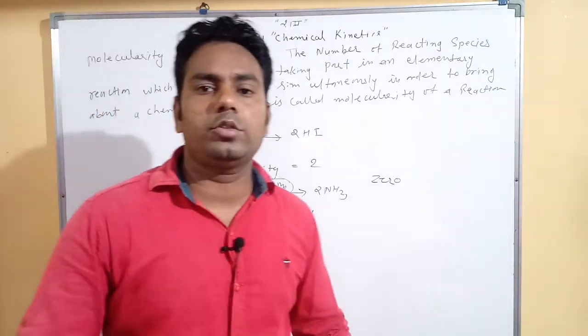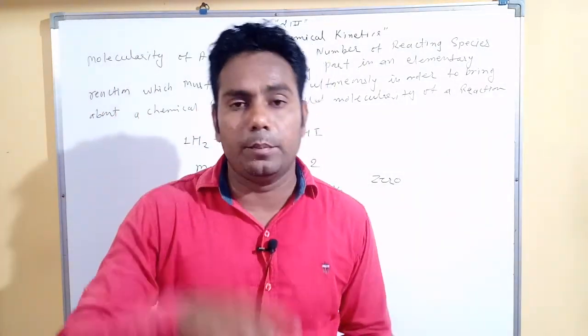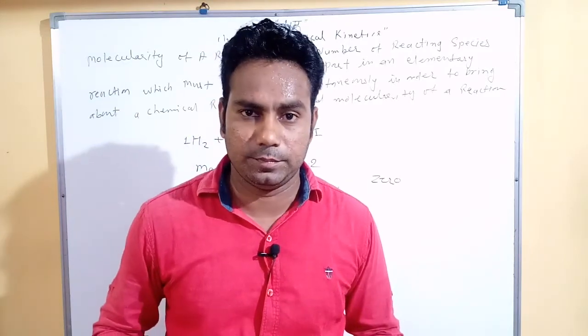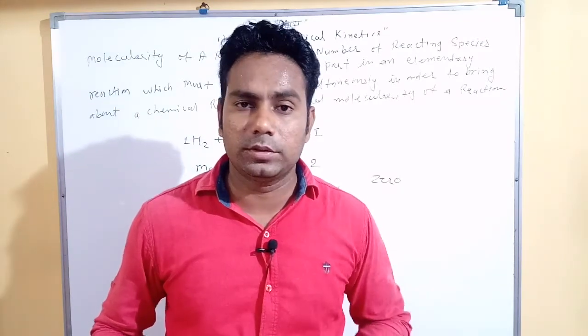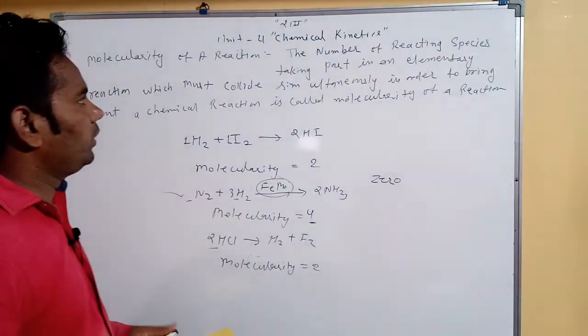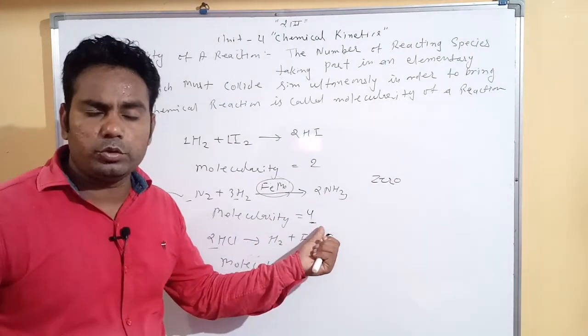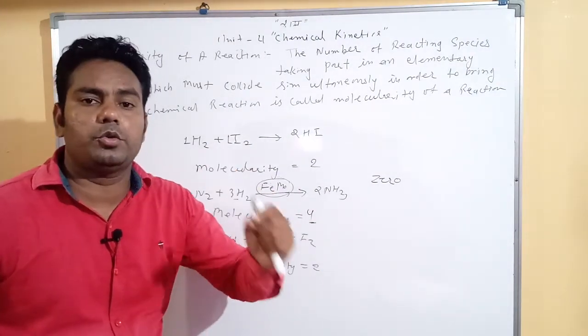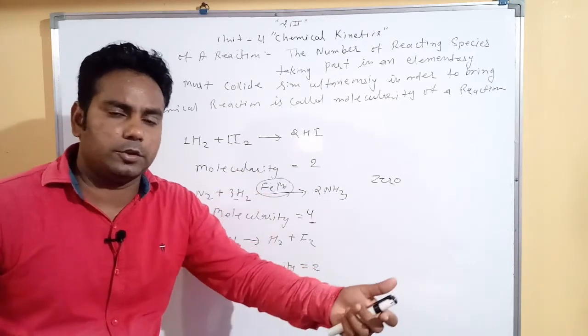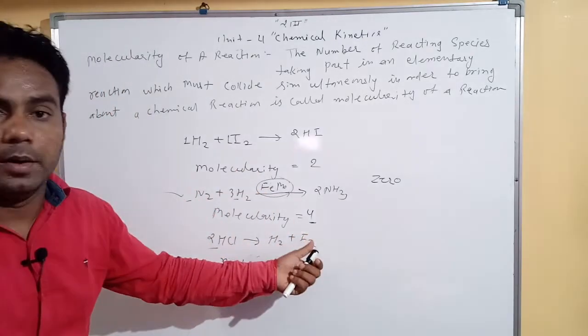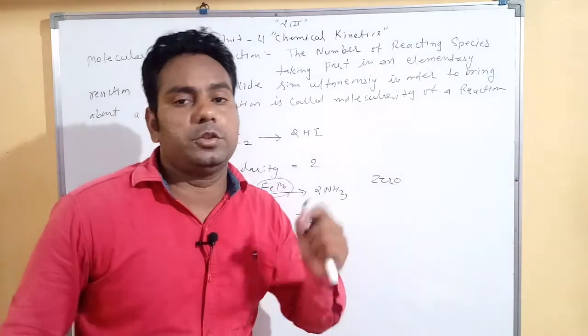Now also remember the difference between molecularity and order of reaction. Molecularity is never zero, because in every reaction molecules are present, so molecularity is minimum 1, but the order of reaction may be 0.